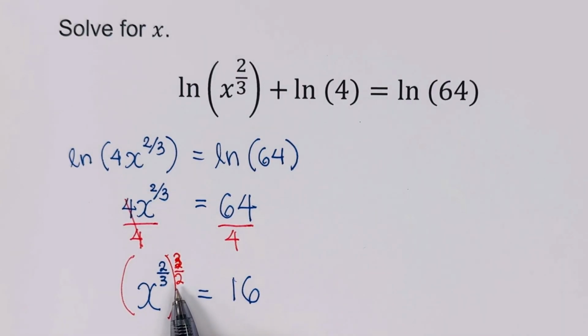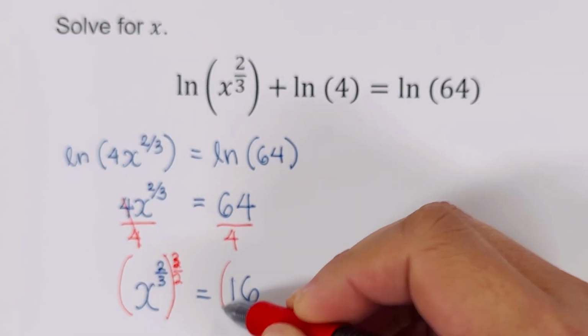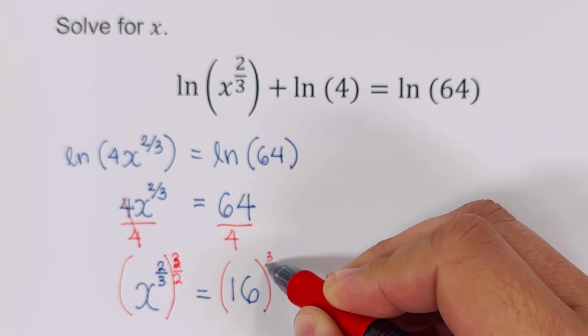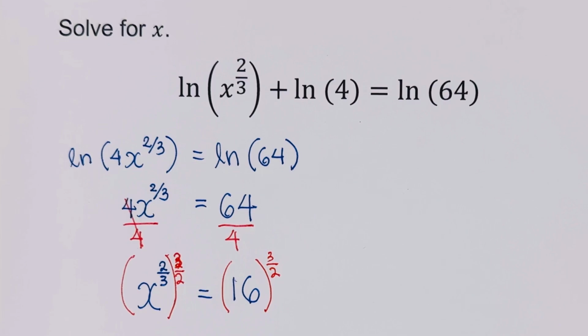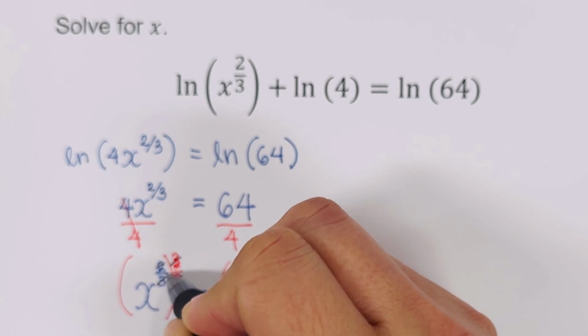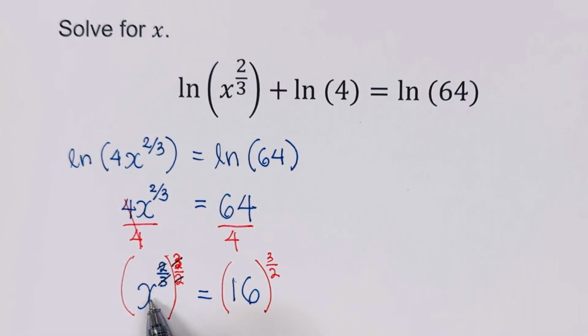If we do that on the left side, we're going to do that on the right side as well, so we're going to raise this to a power of 3/2. If we do this, we can cross out 2/2 and 3/3. So we are left with just x raised to the power 1 is equal to 16 raised to the power 3/2.